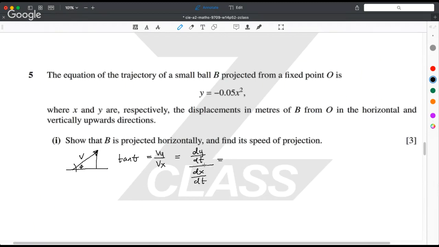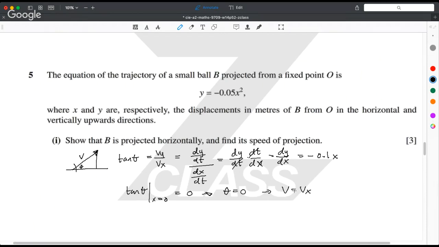And if you go 1 over a derivative, you can just flip the direction of the derivative. This is dy dt times dt dx. And this is just a chain rule version of dy dx. And if you differentiate that, you get that this is minus 0.1 x. Therefore, the tan of theta when x is equal to 0, so at the beginning, is 0. And this means that theta is equal to 0. So this means that v is equal to vx, or it's projected horizontally.